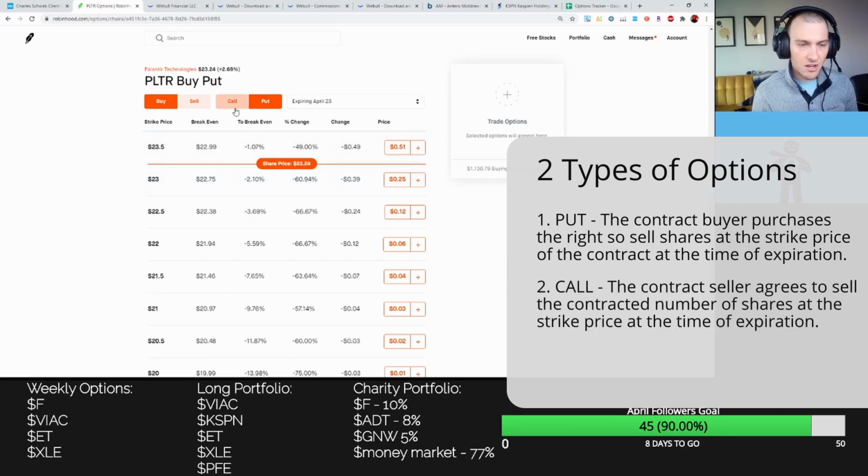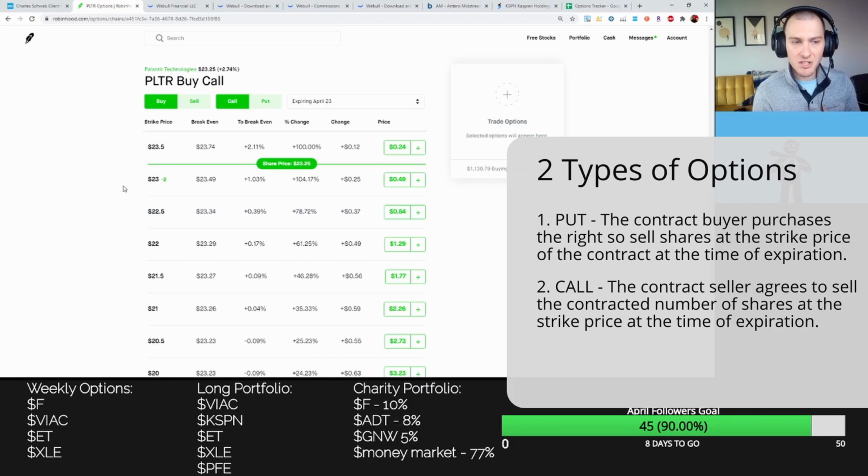Cool. The other side is a call, and you're going to see a little -2 because I'm actually in this trade right now. And basically, I have 200 shares of Palantir, and I said, hey, I have a basis, and in this case I had a basis at 22.50.